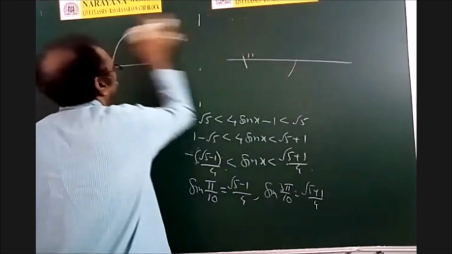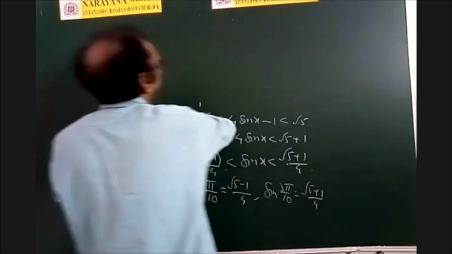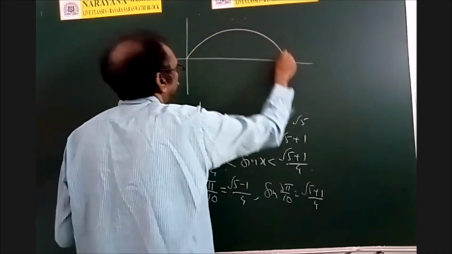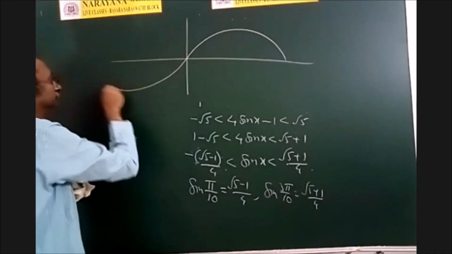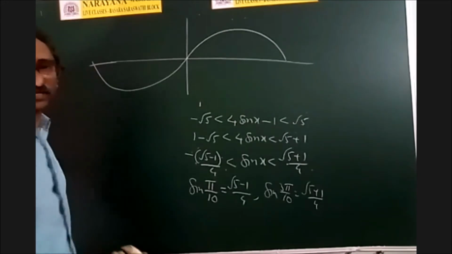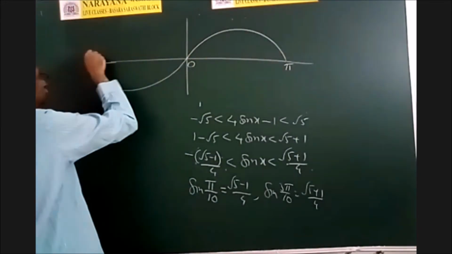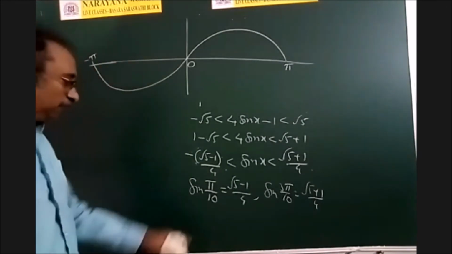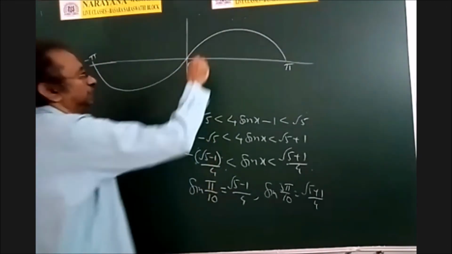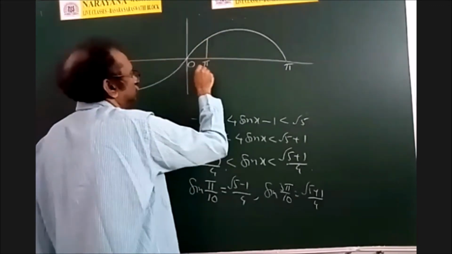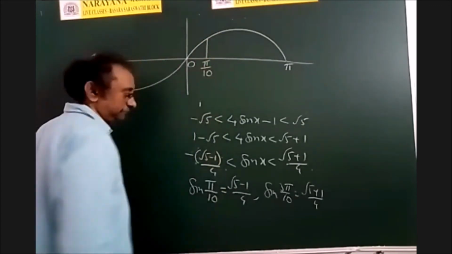Then I will do one thing. I will draw like this, some big graph. So 0 to pi and this is minus pi. And where is that 36 degrees generally? You will get some 18 degrees here, so pi by 10.